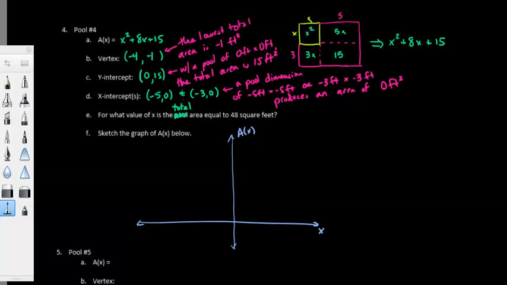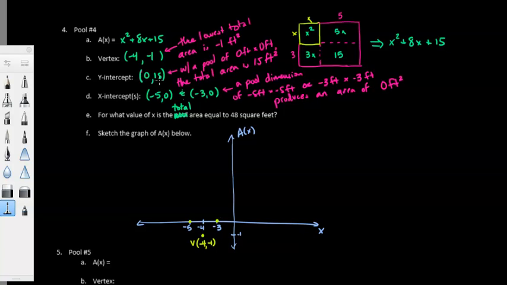I'm going to put the vertex at -4, -1. So this is -4 and this is -1, so my vertex is going to be down here. I'm going to put my x-intercepts at -5, 0 and -3, 0. So we'll say this is -5 and this is -3.